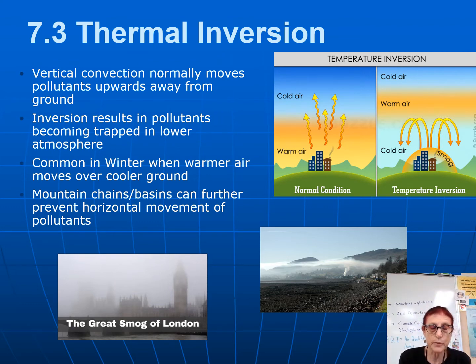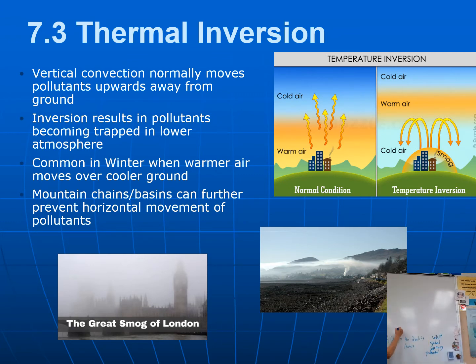One of the things that really lends itself to trapping pollutants and causing multiple issues with both industrial smog and also photochemical smog are thermal inversions. Remember that in a thermal inversion, instead of having your normal profile of the atmosphere, and when I say the atmosphere, I'm really talking about the troposphere.